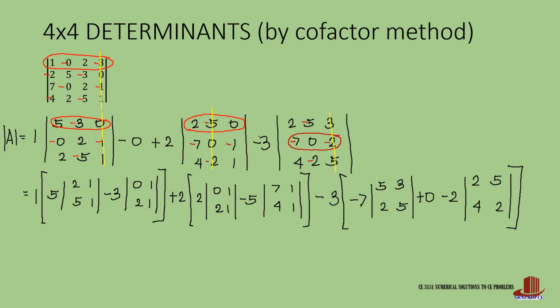This time we are going to work with our method. Since we would only have 2 by 2 matrix, working with the butterfly method would already be good enough. So 1 of 5 times 2 minus 5, minus 3 times 0 minus 2.